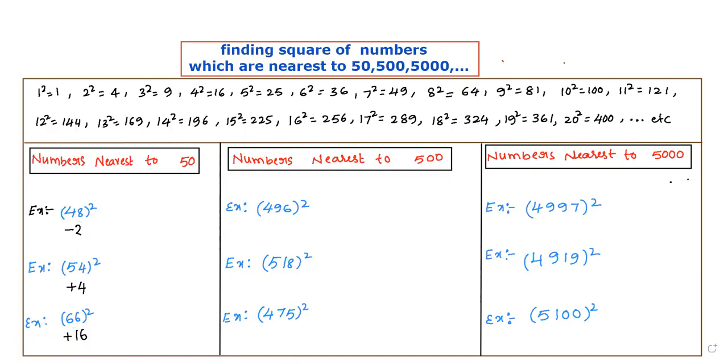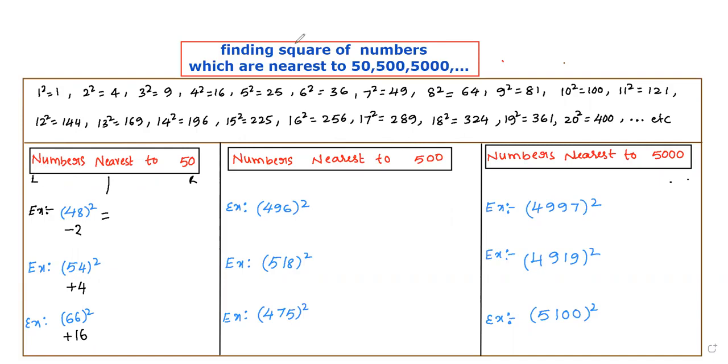Now, when we are finding the square of a number very near to 50, the answer is in two parts: a left part and a right part.